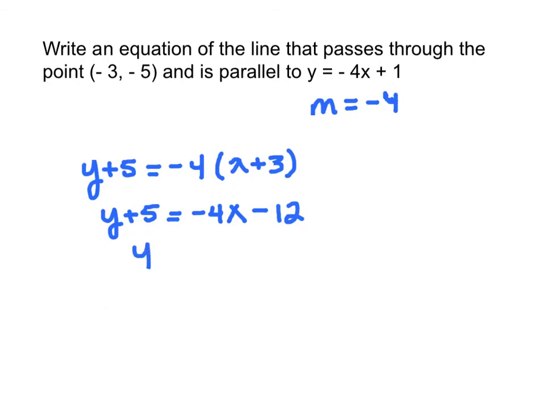And so it will become y is equal to -4x, -12 minus 5 will give me a minus 17. The line y is equal to -4x minus 17 is parallel to the line y is equal to -4x plus 1.